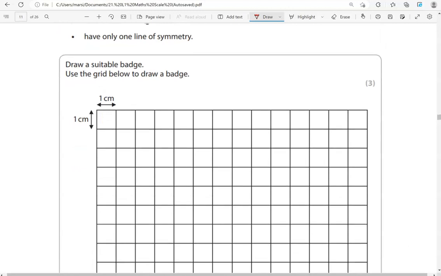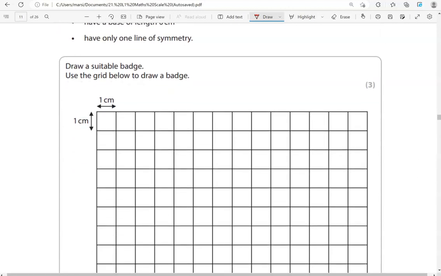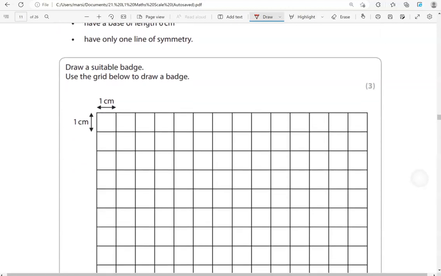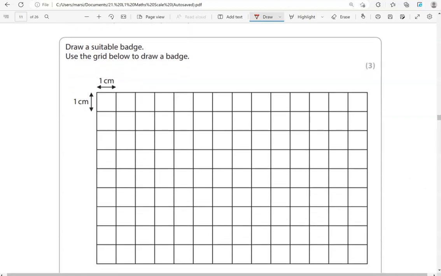So we can start with the base, which needs to be 6 centimeters, so that will be 6 square lengths.